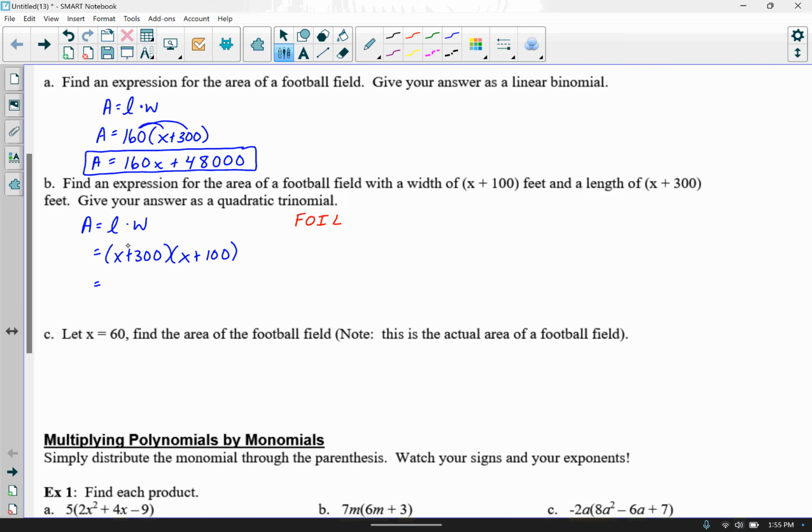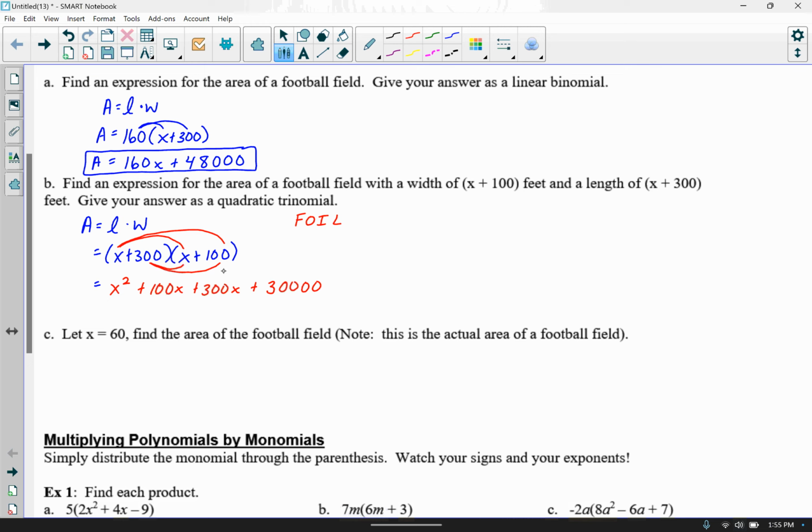So the first terms of our parentheses, we have x times x. That's the first terms of both parentheses. So we multiply those, and x times x gives me x squared. Outside, x times 100, 100x. Inside terms, 300 times x, so 300x. And then the last, 300 times 100, 30,000.